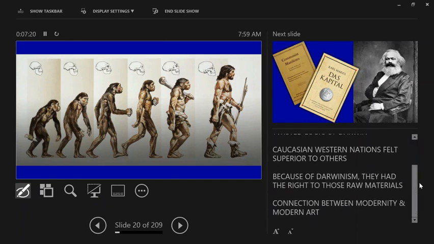This Darwinism leads the European nations to believe that they are the superior species, and they can just go in, especially in places like Africa, and take the resources there because they are the superior species according to Darwinism. They had the right to these materials, so they take this scientist's work into the evolution of the species and they twist it into something that is evil.